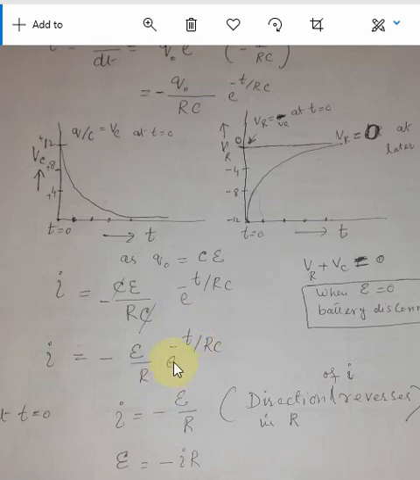Anything raised to the power 0 is 1, so this term will become 1 and I will be equal to minus E over R. So this negative sign again reminds you of the reversal of the direction of the current in R, and we will get E equal to minus IR. So again you can see that the voltage across R is negative at t equal to 0.